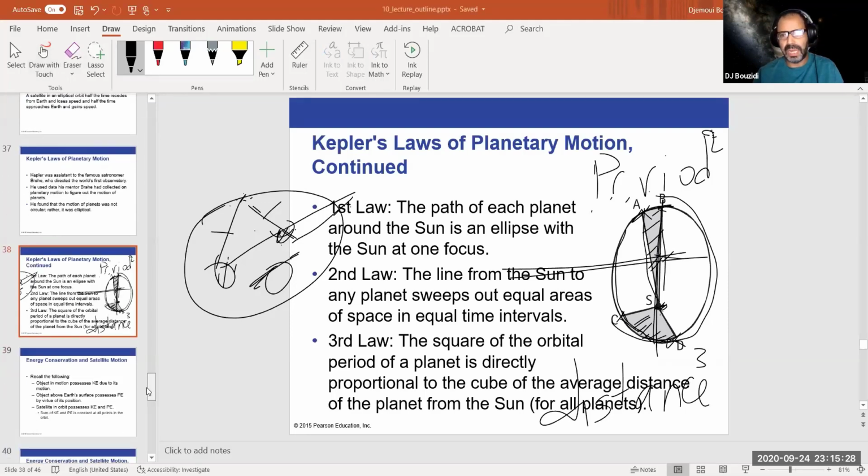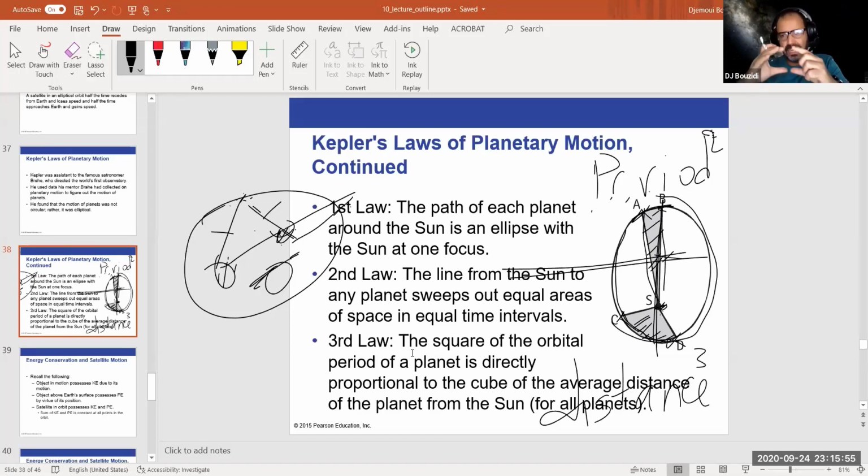Now Mr. Kepler did this observation based on the data of Mr. Tycho Brahe, and based on that, he came up with these 3 laws. Mr. Newton, using his own laws of mechanics that he developed later, was able to explain all of these 3 laws and go a step beyond and explain other things. For example, the path of Halley's Comet, which is an extremely eccentric path.